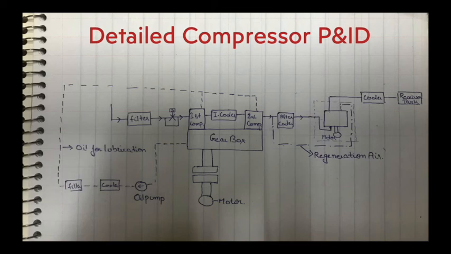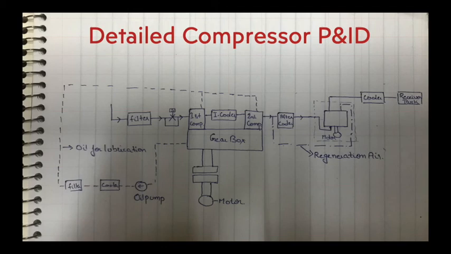Once the air from the solenoid valve enters into the first stage compressor or the LP compressor, the output of the LP compressor would go to the intercooler. The intercooler output will go to the second stage compressor or the HP compressor. After that, this output will go to the aftercooler.